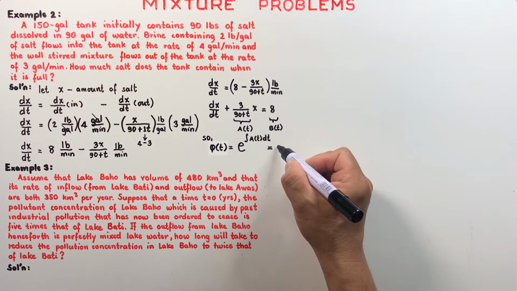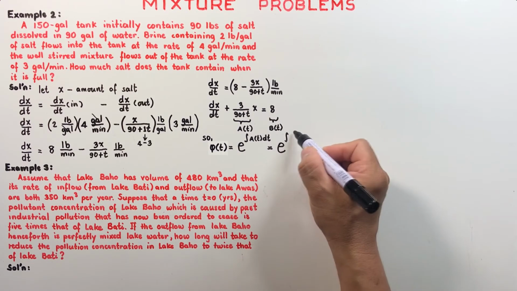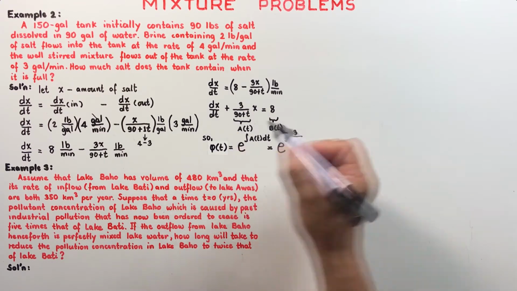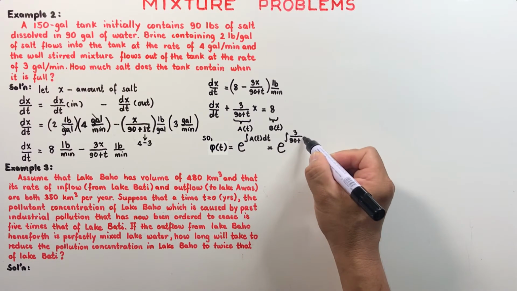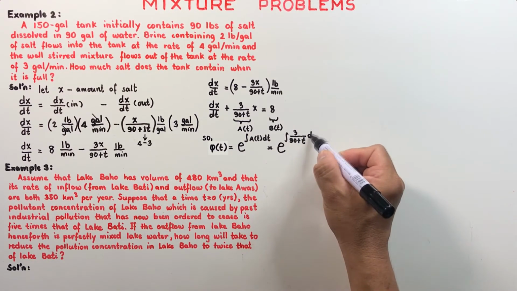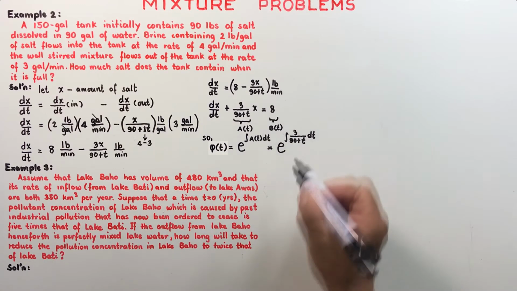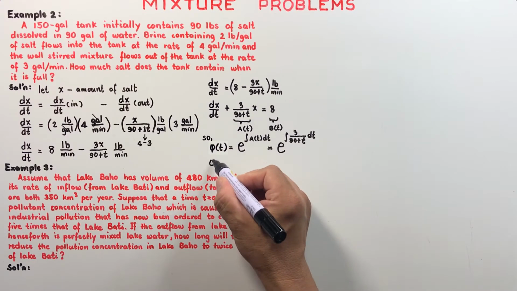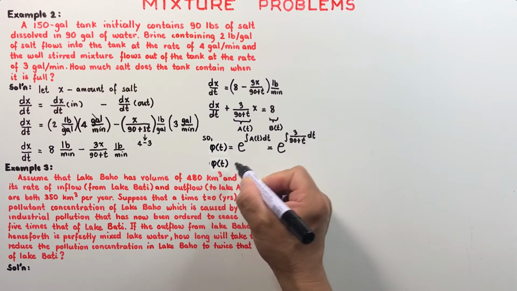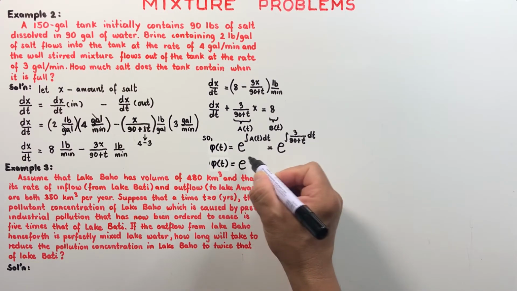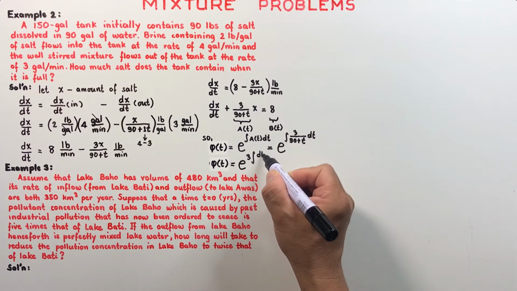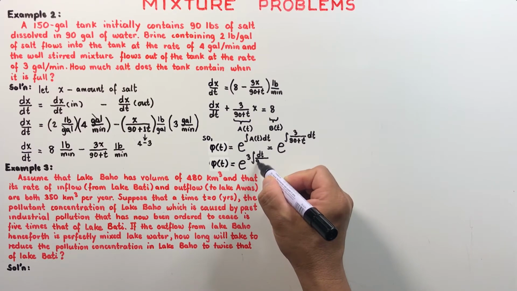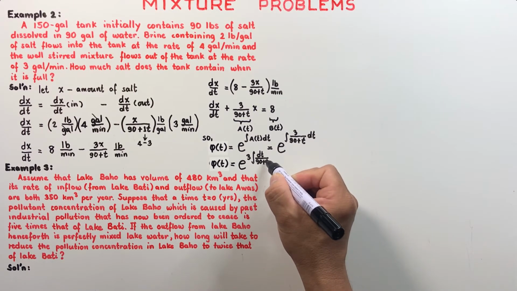We know that our a(t) is equal to 3 over 90 plus t. Integrating this, we can factor out the constant: e to the power of 3 times the integral of dt over 90 plus t.